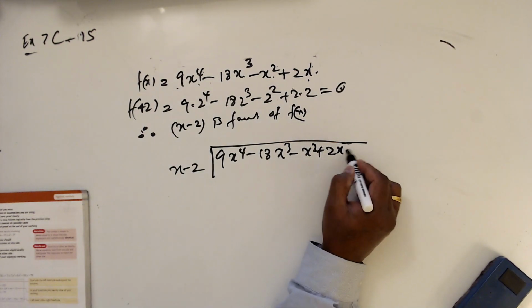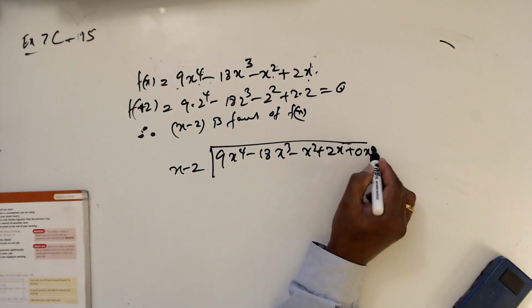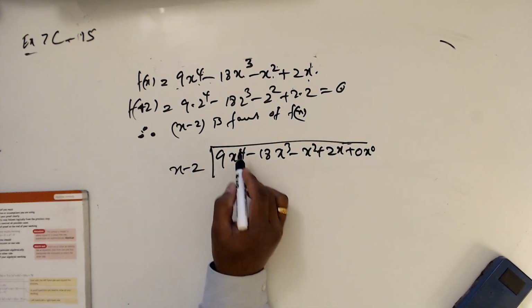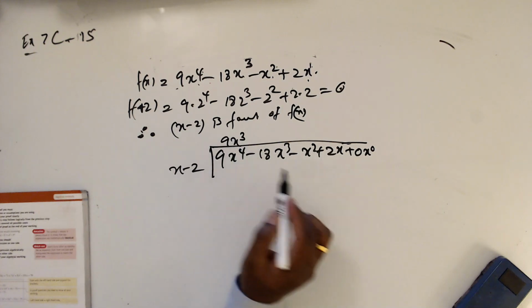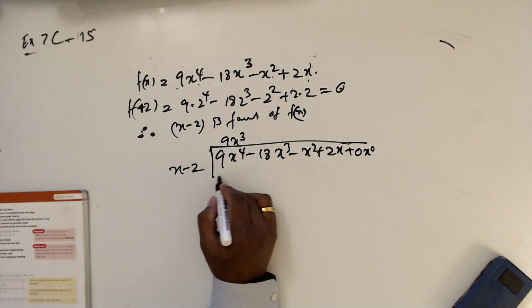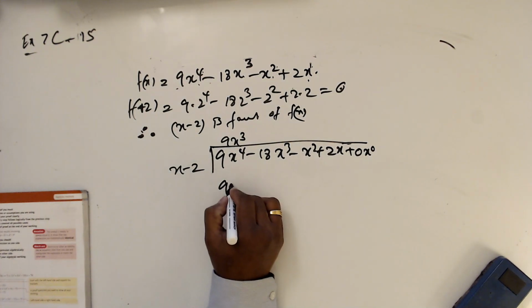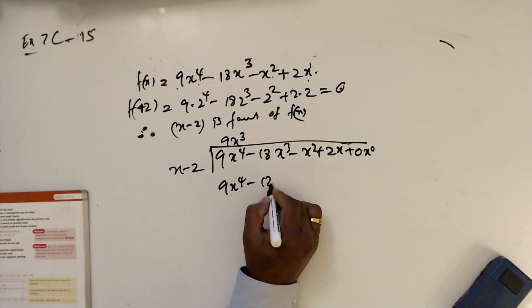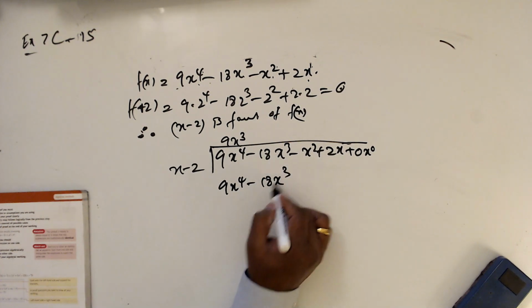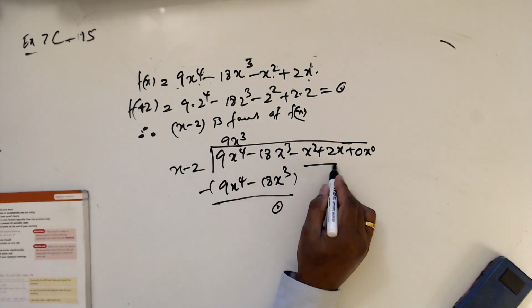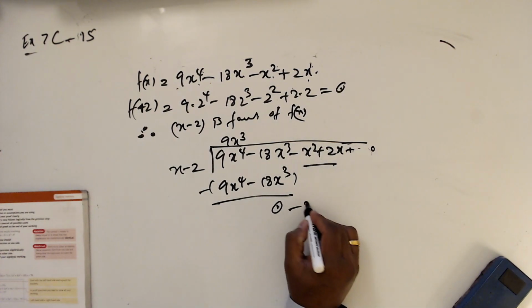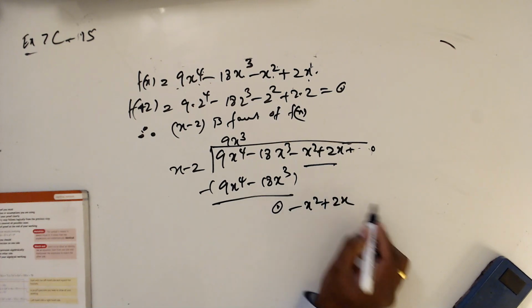If required, we'll put the 0x. So this is going to be 9x³, which gives 9x⁴ − 18x³. When you subtract this one, 0, we'll bring those two down. Minus x² plus 2x.